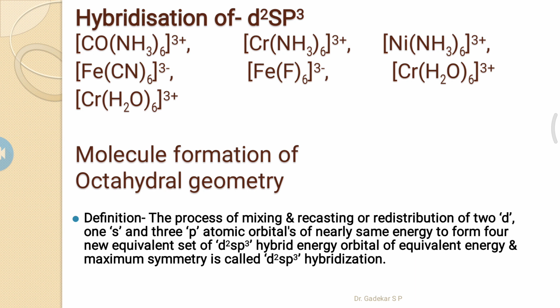Okay, so the process of mixing and redistribution of 2d orbitals, 1s orbital and 3p atomic orbitals of nearly the same energy to form 6 new equivalent d2sp3 hybrid orbitals of equivalent energy and maximum symmetry is called d2sp3 hybridization.